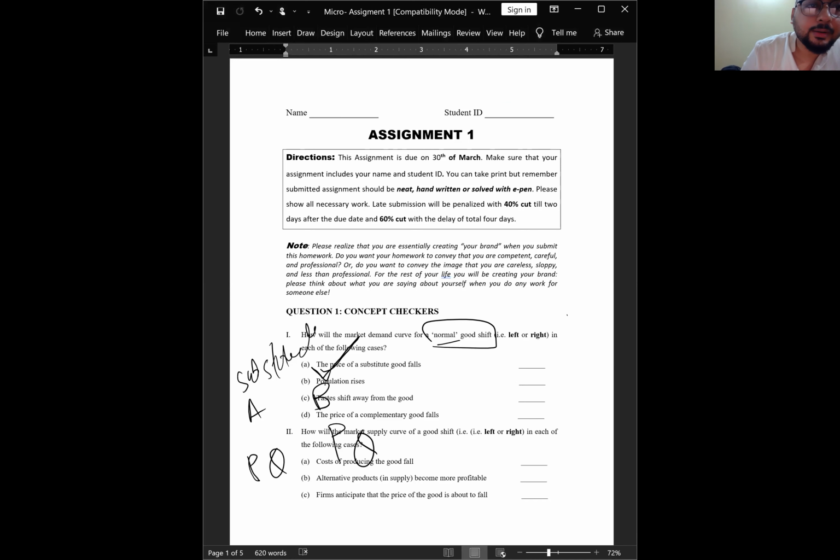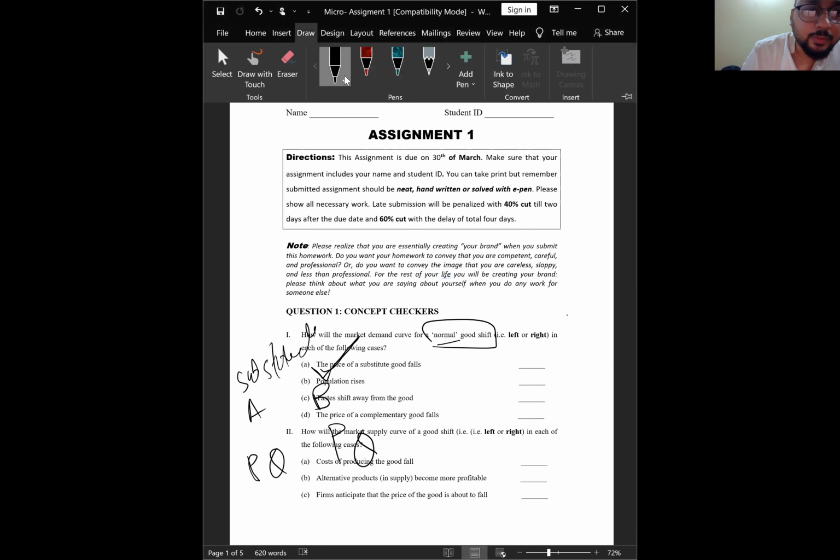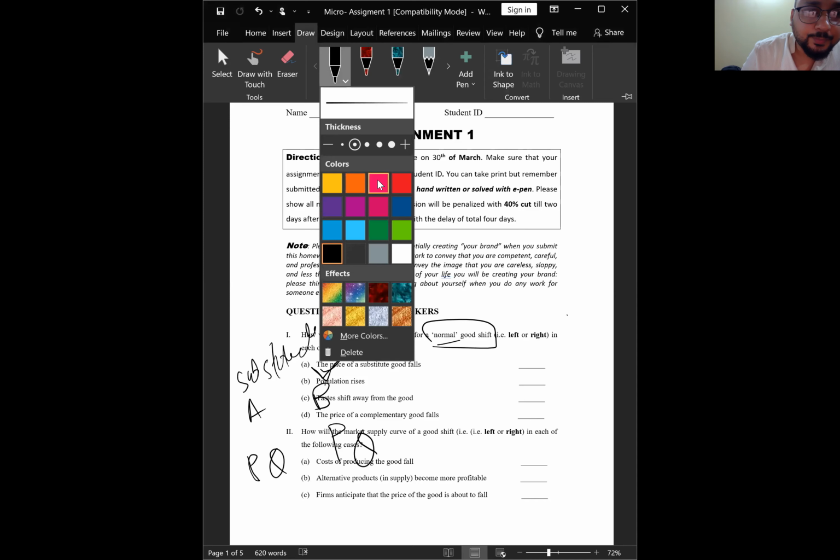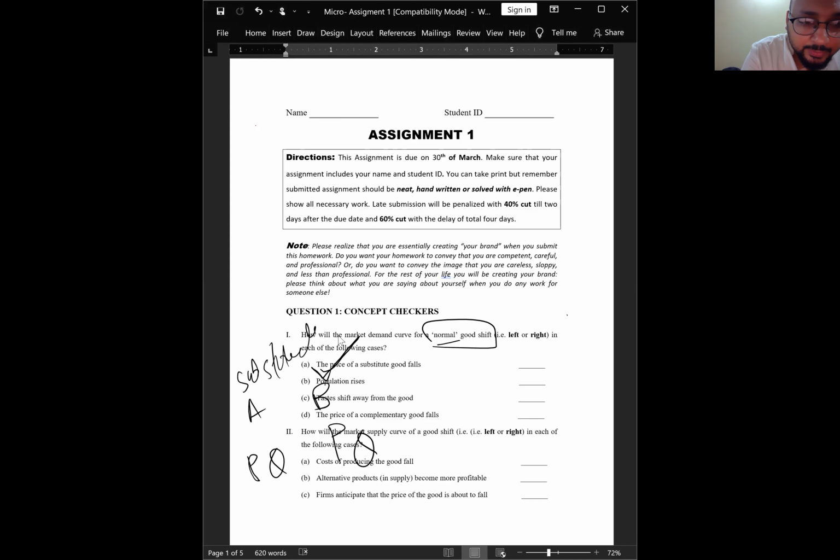Now what happened here? Let me change color so that it will be more meaningful for you. Price of the substitute falls. What happened? Law of demand activates. Quantity demanded of the substitute increases.